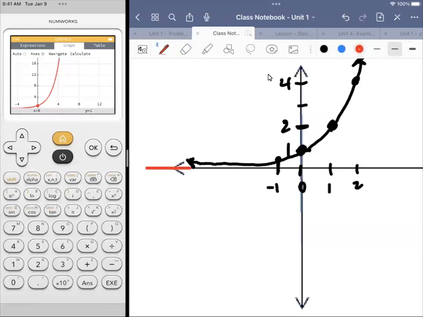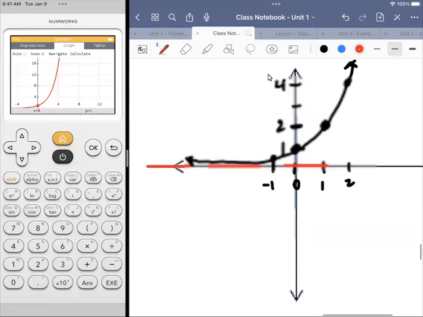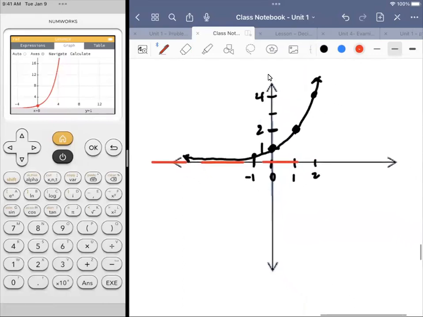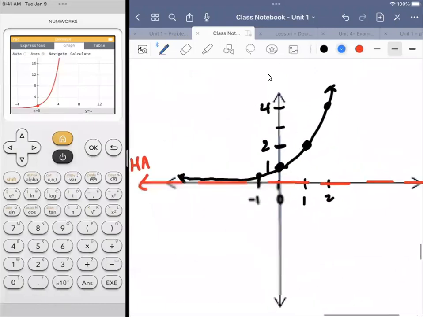I've kind of glossed over this a little bit, but I'll throw it in there now. This is my horizontal asymptote. I'm going to take every single point here that I have, shift it left 1 and down 3.